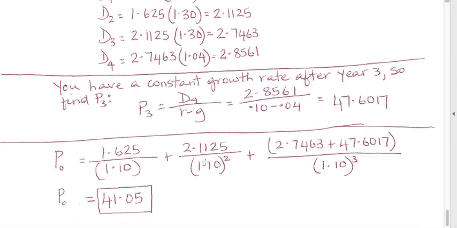Your second dividend is 2.1125 divided by 1.10 squared. And your third dividend is 2.7463 plus the value of the stock in year 3, which we just calculated, 47.6017 divided by 1.10 cubed. So the price of the stock in this case is $41.05.